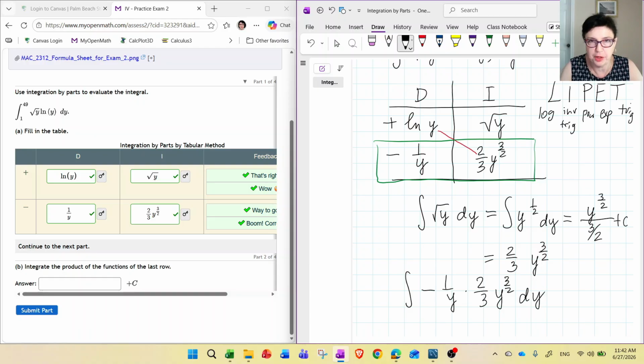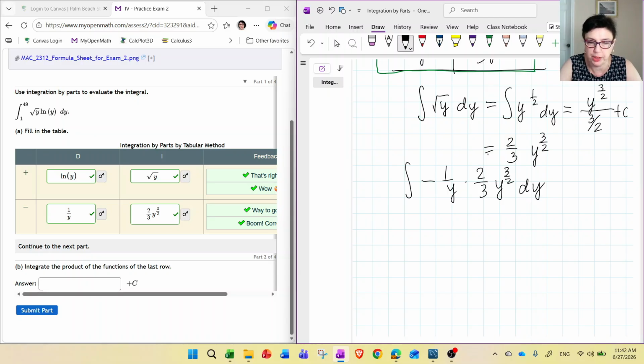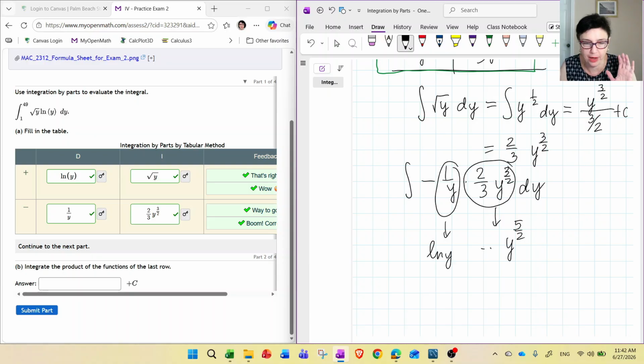Another rookie mistake is to see, oh, I have a product, so I'm just going to integrate this one, and I know that's natural log, and I'm also going to integrate that one, and that's going to become something times y to the power 5/2. This is a horrible mistake. If you ever do that, your teacher is going to be like, oh my God, you can't do that. There is no rule like that.